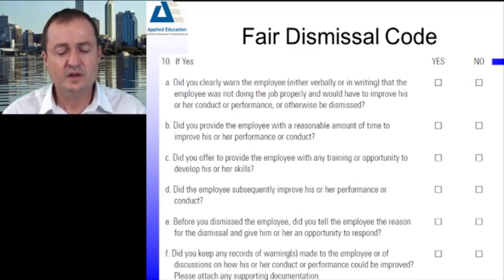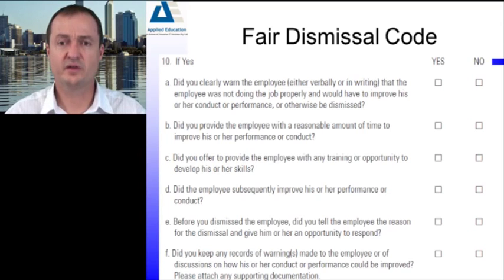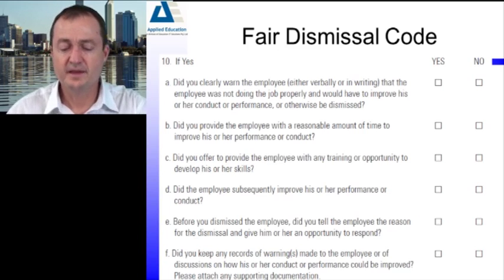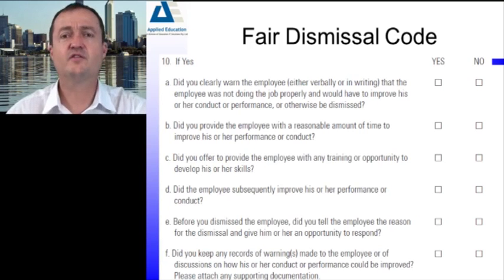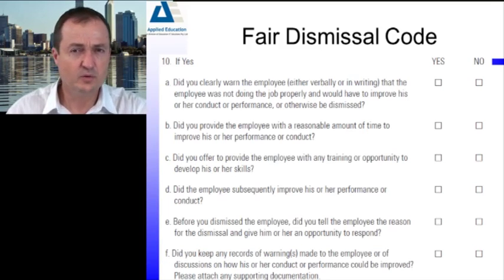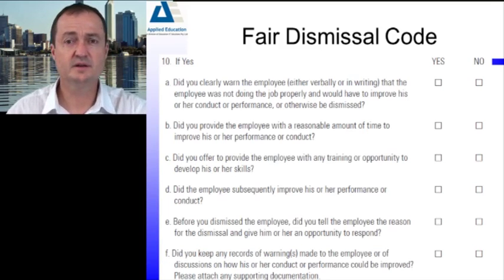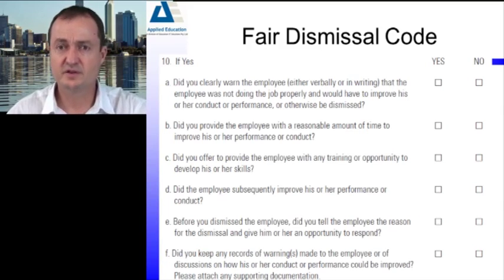So the employee does need to be clearly warned, either verbally or in writing, that they're not doing their job properly and they'd have to improve conduct or performance, otherwise be dismissed. So it's probably preferable to do it in writing, and there are template letters available on the Fair Work website.